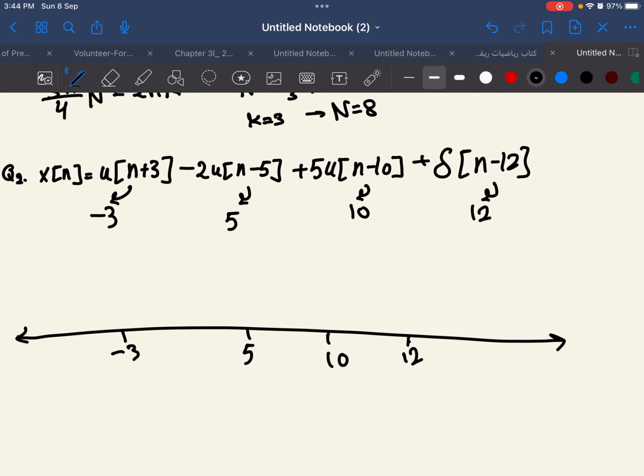So we have to examine the behavior of the input before negative 3. We'll say x of negative 5, let's say.